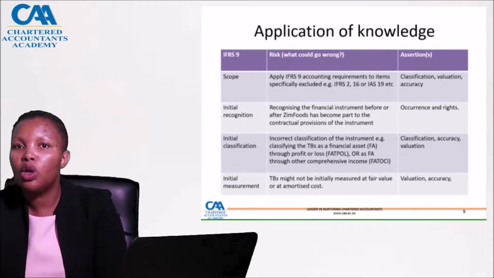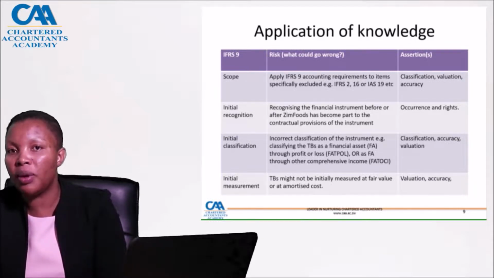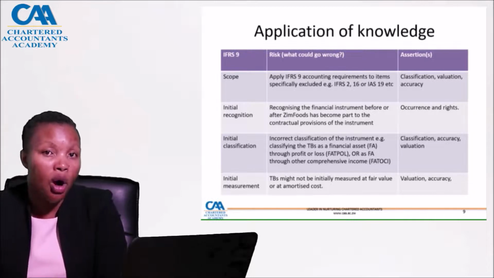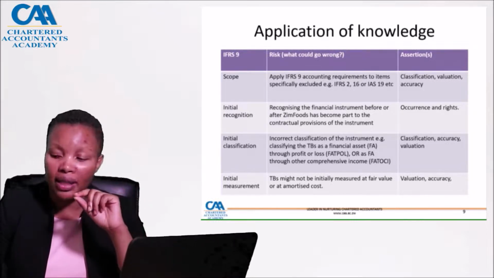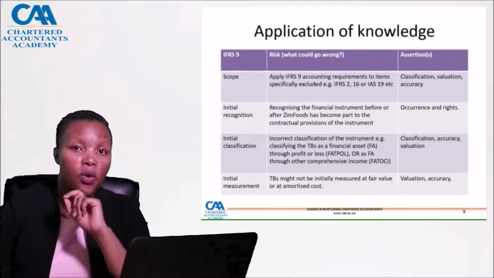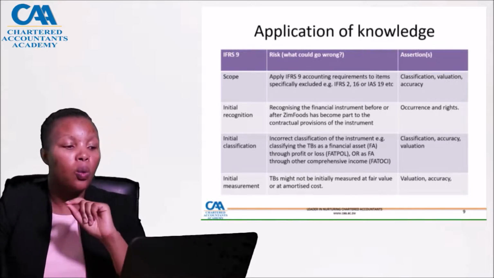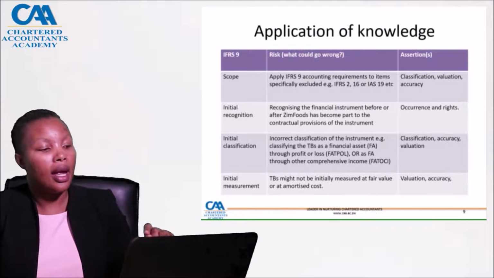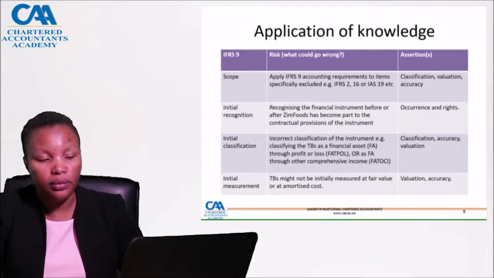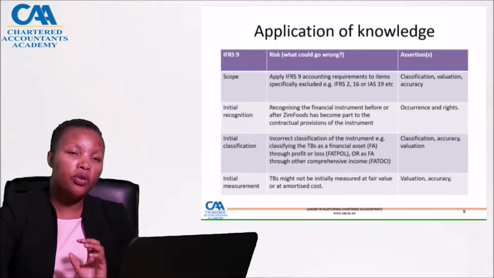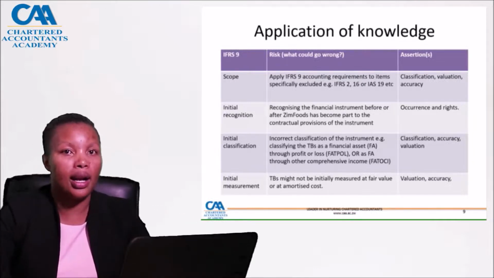Why are we doing that? To confirm that Zim Foods became a party to this transaction, or that it is in the name of Zim Foods at that particular date. What exactly are we inspecting on this contract? We're inspecting for the date, because the date will allow us to say, is the initial date of recognition correct? Okay. Then we move on to, let's say, initial classification.